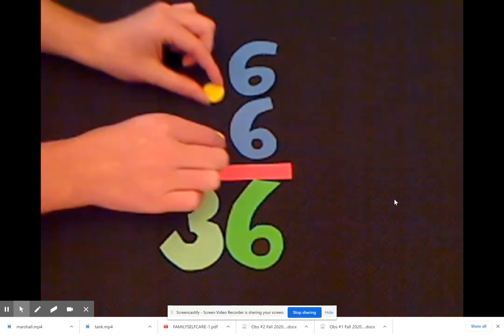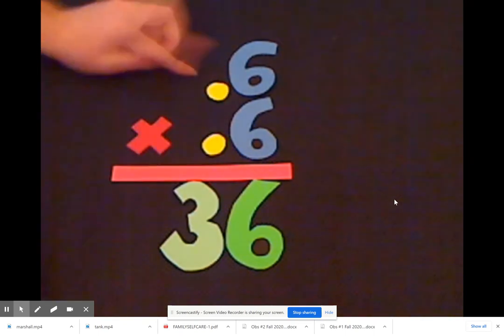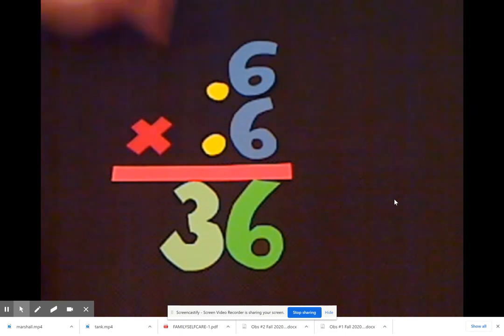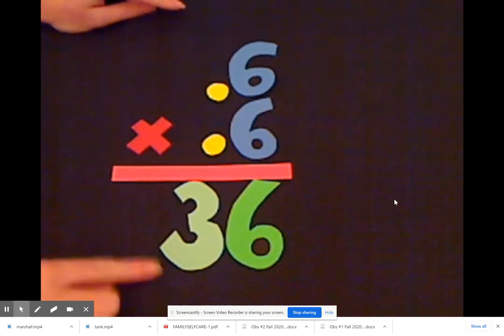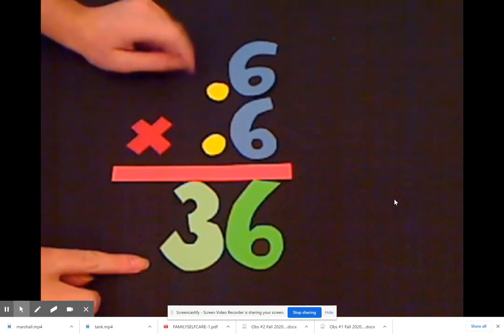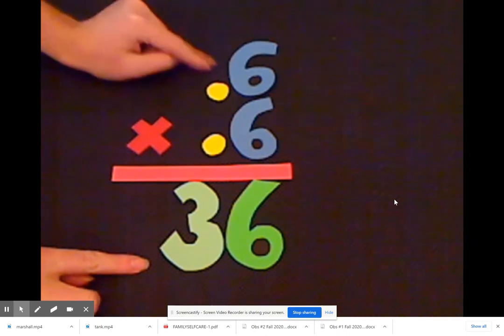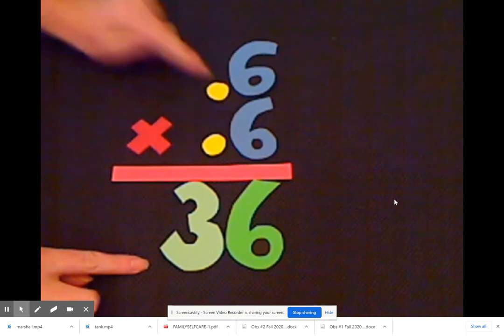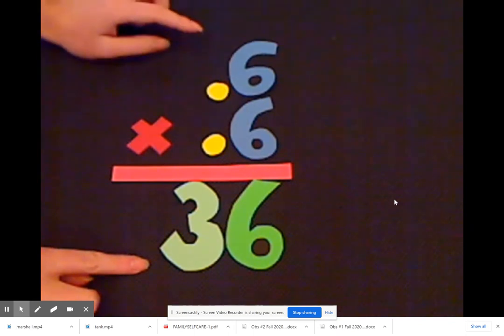So we're going to re-examine the original multiplication. We had 0.6 times 0.6, and the way we're going to figure out how many digits need to be to the right of the decimal point in our product is to count up the digits to the right of the decimal point in the two numbers we're multiplying. So we have 1, 2 digits to the right of the decimal point in the two numbers we're multiplying.